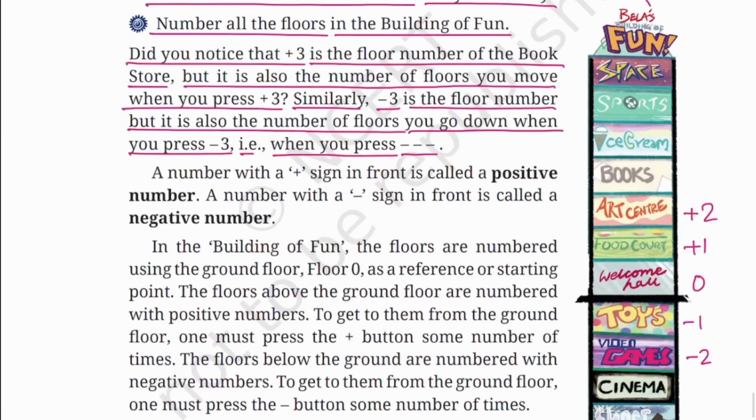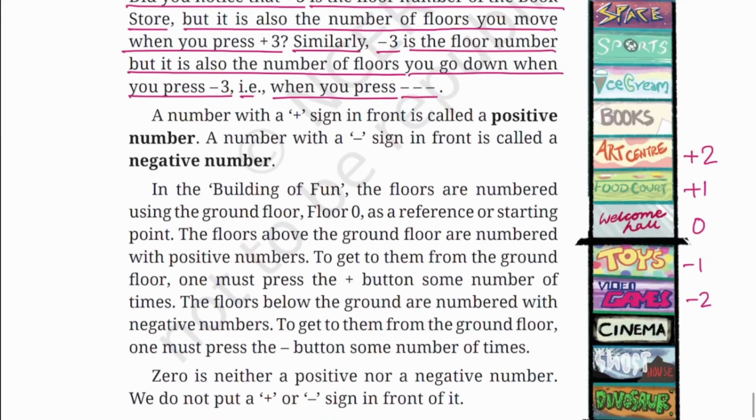You can see Bella's building of fun. Here is the welcome hall, food court at plus 1, art center at plus 2, bookstore at plus 3, ice cream shop at plus 4, sports shop at plus 5, spare room at plus 6.